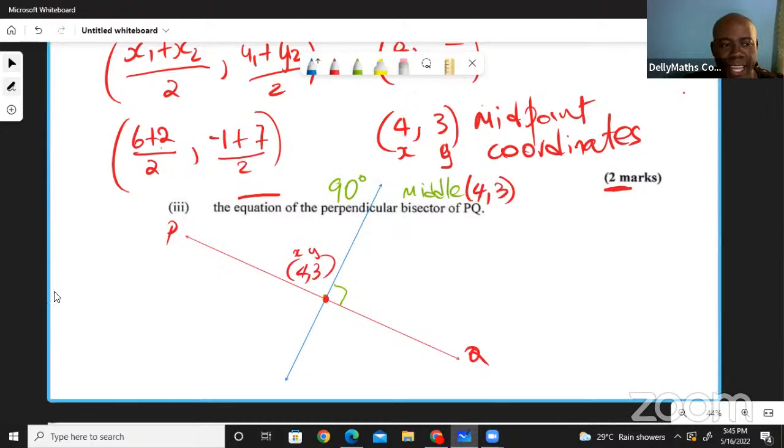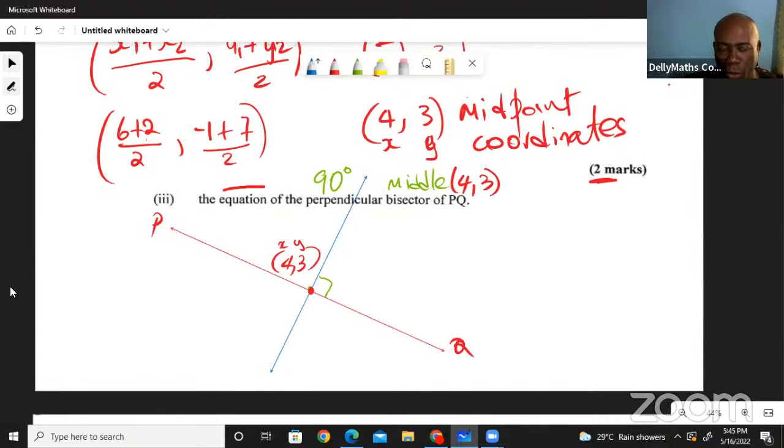Now, you can see for yourself that where they meet is the middle of the line based on the meaning of the words. And then we automatically found out that we had the coordinate for the midpoint already. So how do we get the gradient? Because I need a point and a gradient to come up with the equation of a line.